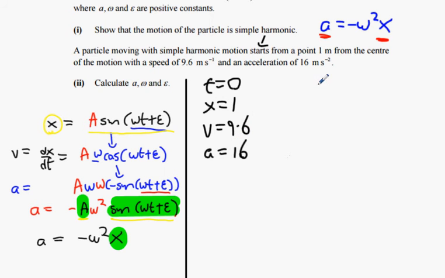Acceleration equals what? Minus omega squared x. Now, please remember, they don't have to specify that the acceleration is minus 16 or plus 16. We don't know yet. It could be either, because remember, simple harmonic motion is symmetrical.